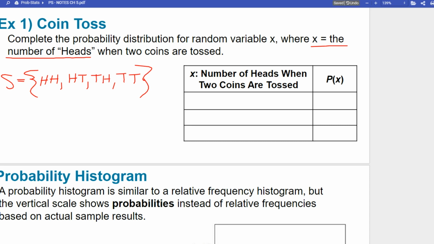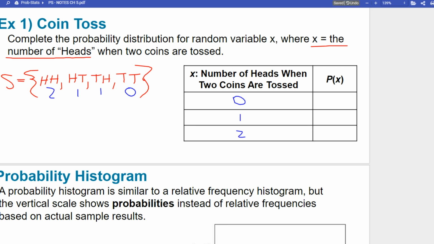So if you think about the probability distribution, we're talking about how many heads could appear. And so if you notice, there are 0 heads here, there are 2 heads here, and each of these has 1 head showing. So the values for x could be 0, 1, and 2. That's the number of heads showing up in this problem.